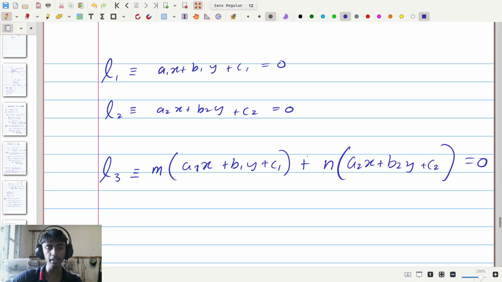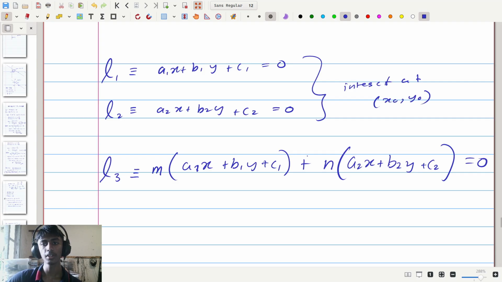Why would this be valid? Well, in the case where we are at the intersection point, let's say x0, y0, at x0, y0, this term we know to be 0 and this term we know to be 0.